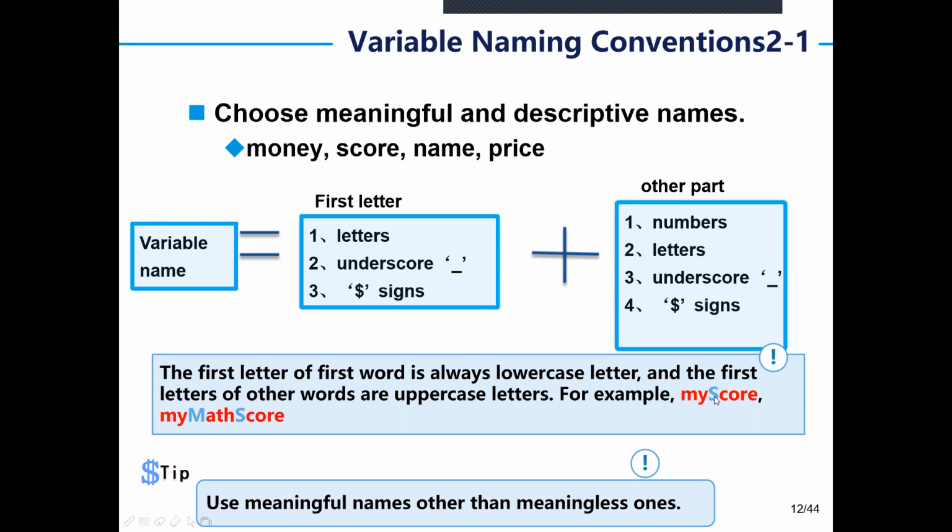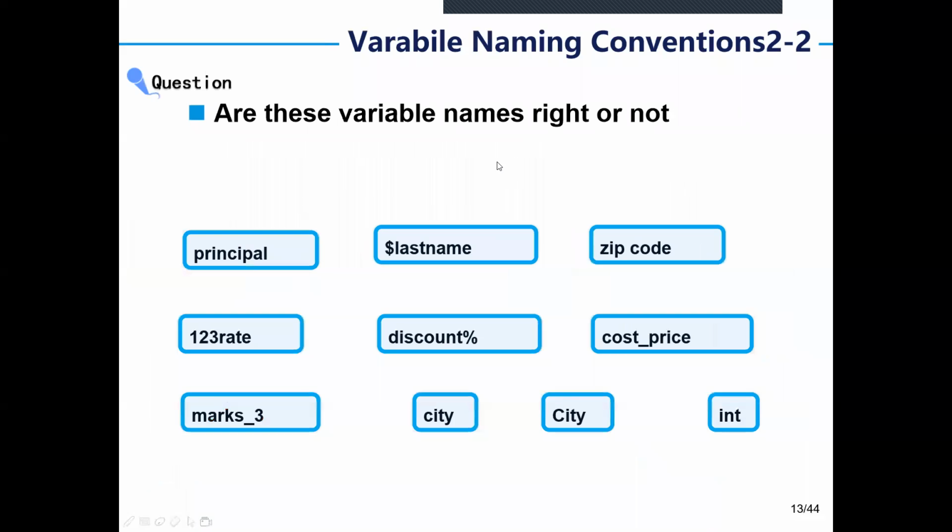The first letter of the second word Score is uppercase. Another example, myMathScore. Math M, Score S is uppercase. The other characters are lowercase.